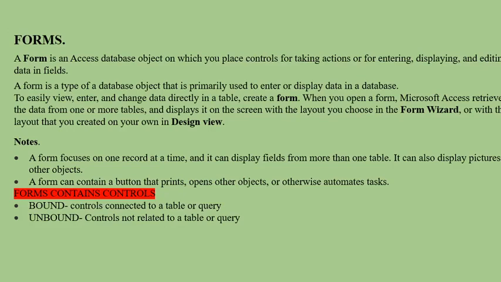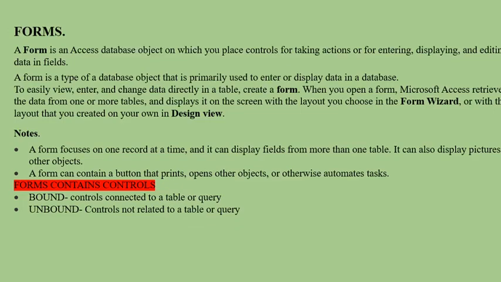Controls are features that enable you to draw text boxes, draw combo boxes, work on list boxes, etc. And therefore we have bound and unbound. Bound controls are connected to a table or a query, whereas unbound controls are not related to any table or a query.